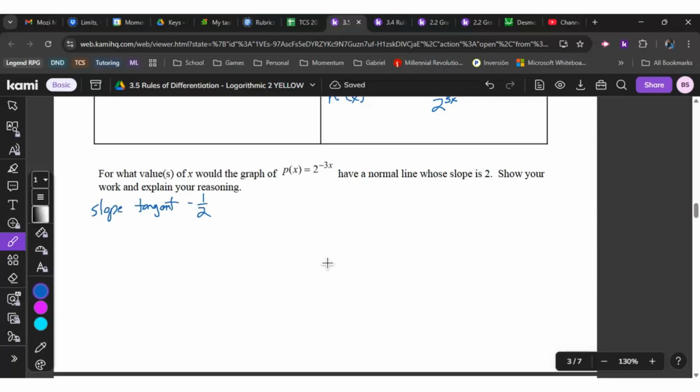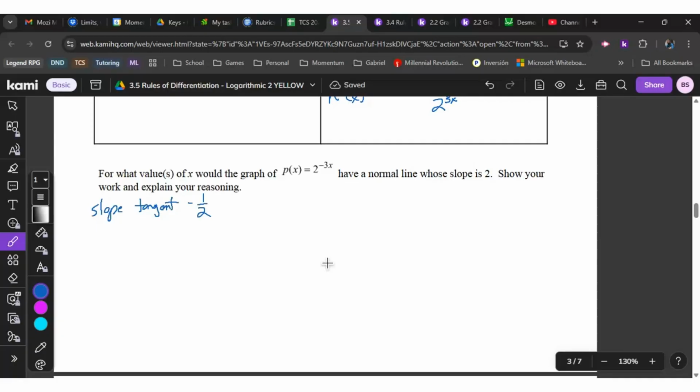So remember how normally, what do we do? Normally we find the derivative and make it equal to 0. Why do I take the derivative and make it equal to 0? When it's 0, which is when what happens? Critical points, right? Max and mins. So the only difference here is that instead of doing it equal to 0, we want to know what is x when it's negative 1/2.